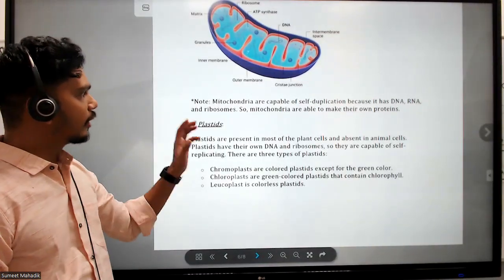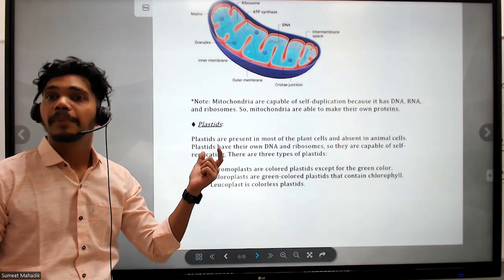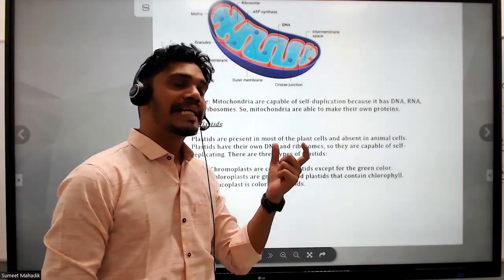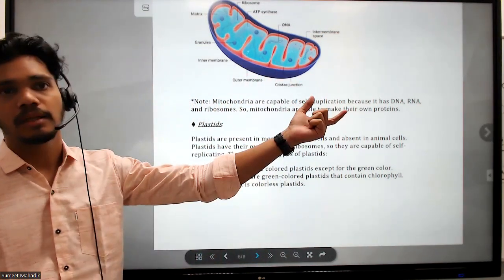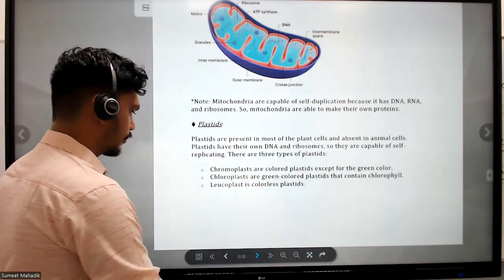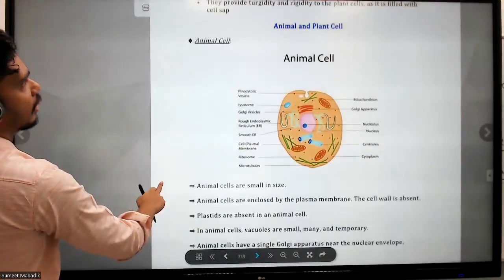So we have established that plastids are only contained by the plant cell. They are not present in the animal cell. Plastids are lacking in the animal cell, that will be the answer. The seventh one we're going to talk about now.